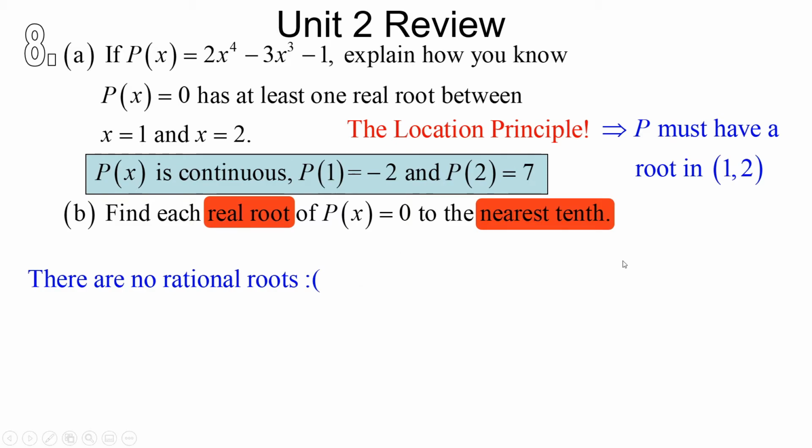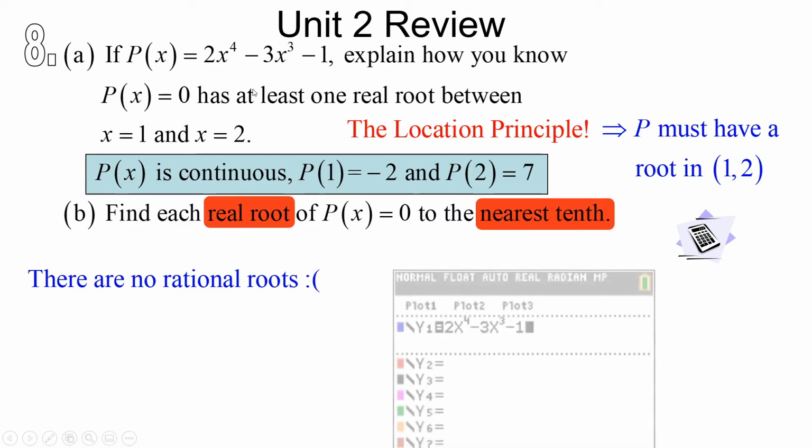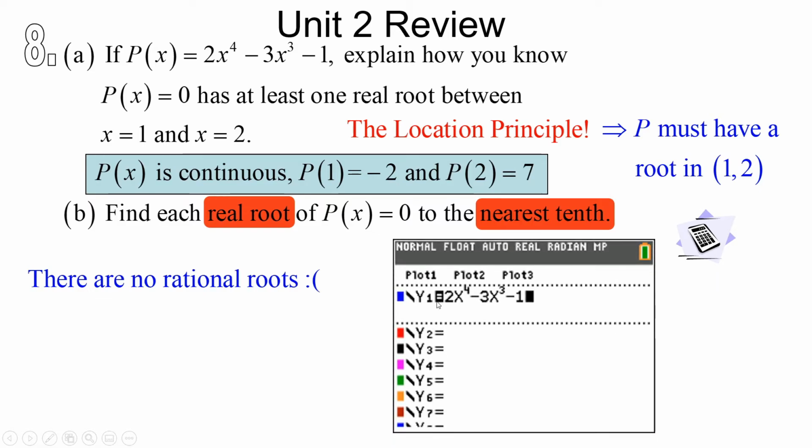That tells me they want me to break out my calculator. So I'm going to get my calculator out and I want to visualize what the graph would look like beforehand. Okay, so here it is, but let's visualize. Zoom standard, 2x to the fourth now.